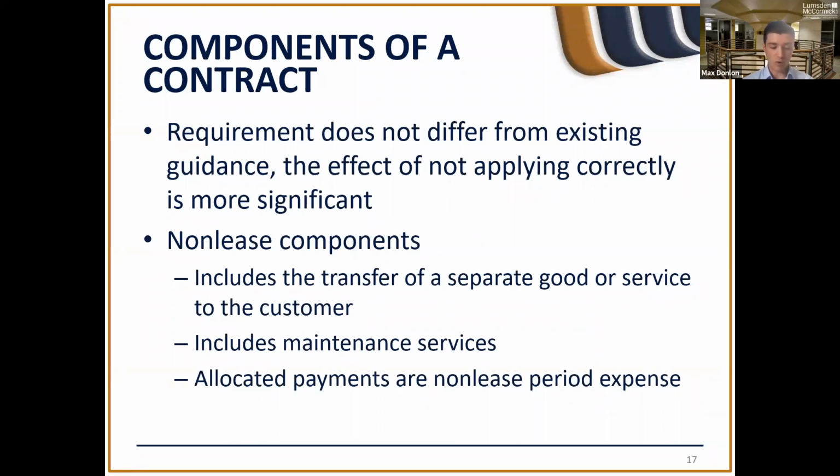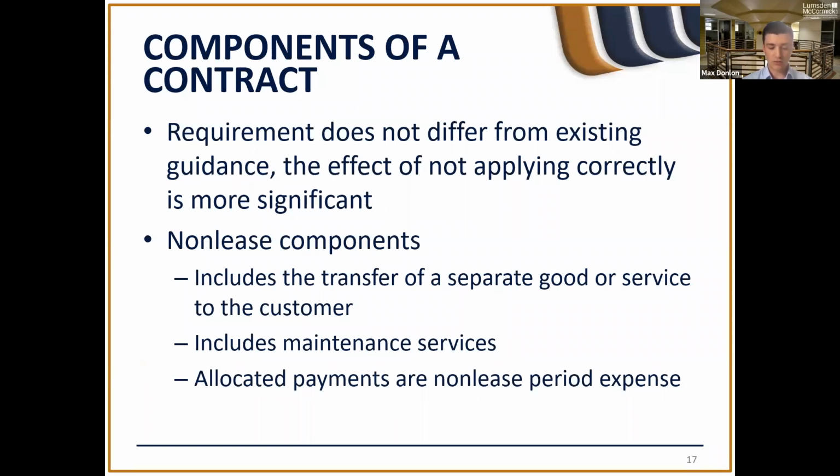The standard also requires separate accounting for non-lease components of a contract. These items may be an activity that transfers a separate good or service to the customer, for example, supplies or disposables. This could also include common area maintenance charges or allocated payments that are considered non-lease period expenses.